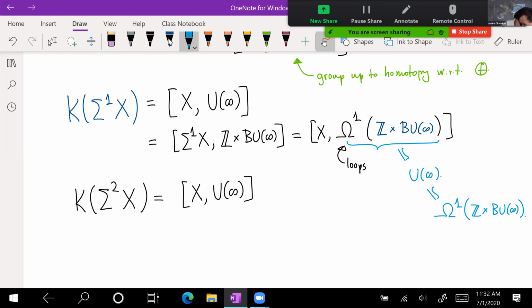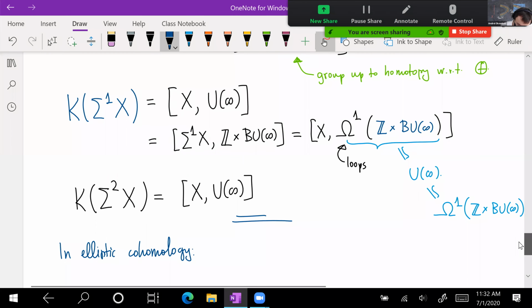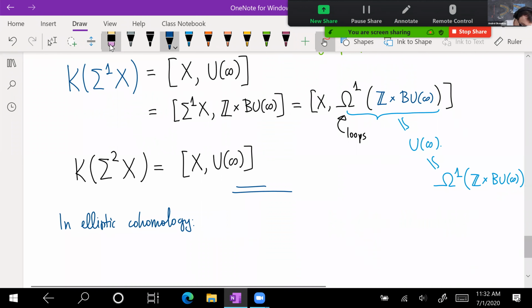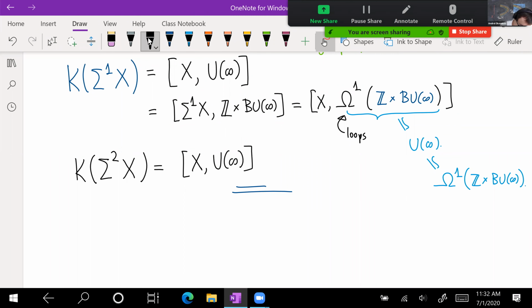Now, what's an elliptic homology? In something called the stable homotopy category, you should think of suspension as like a shift, like the shift by one for complexes.